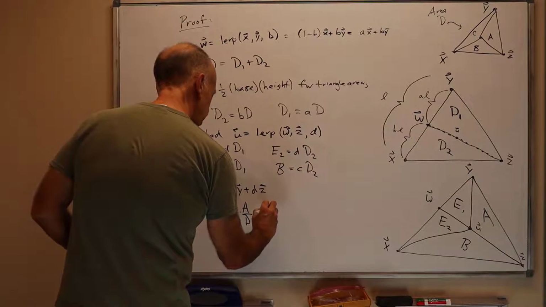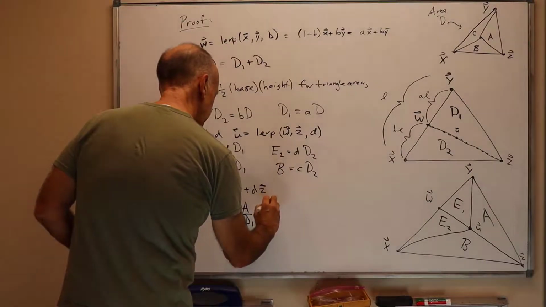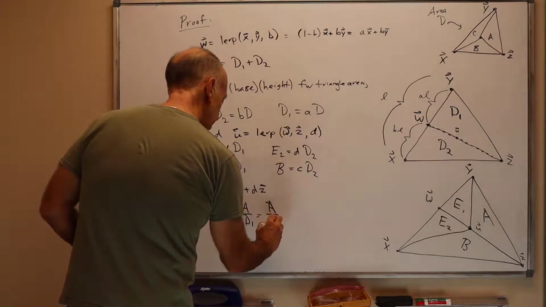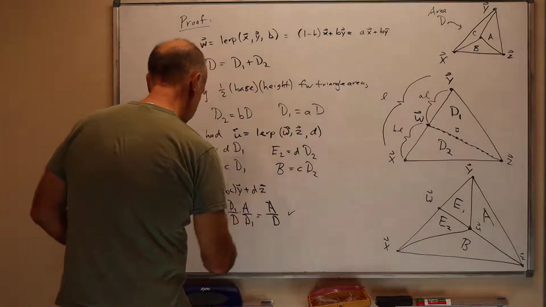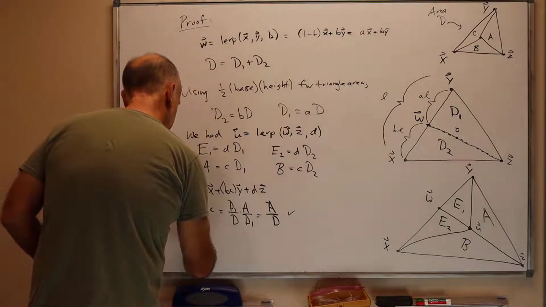And that's equal to A over D, which is what we wanted to prove for the theorem. And the rest of the calculations are similar.